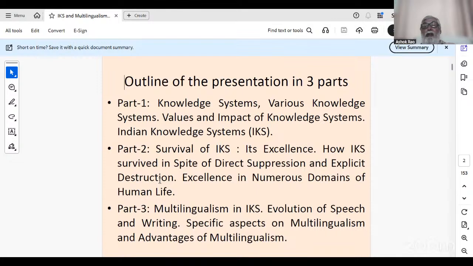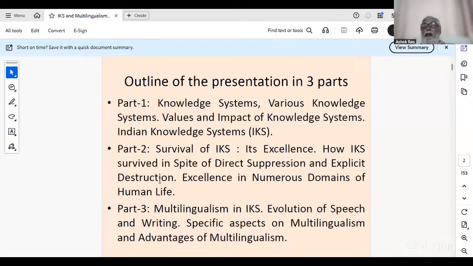Second part looks at how IKS survived over the last 2000 years. One reason it survived was it had a lot of excellence in it. And then in spite of colonial and conquerors and effort to destroy it, it survived in pockets, and now there is ample opportunity for us to build it back.